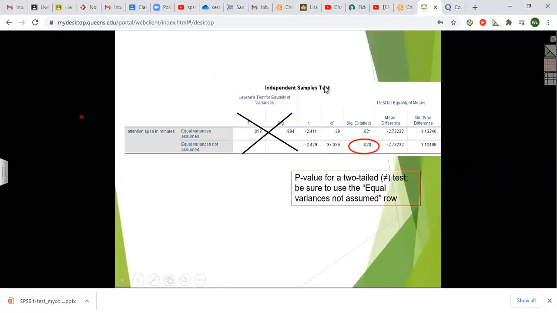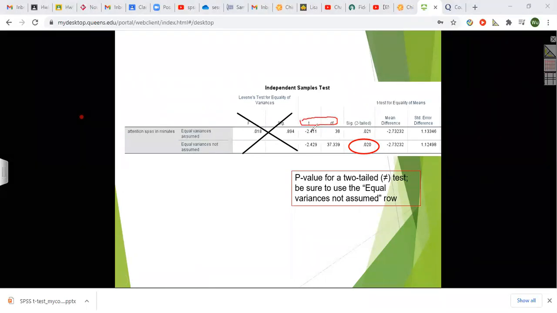Again, for the independent samples t-test, if you look at this table, we should be focusing only on t and degrees of freedom, and you'll be looking at the row for not assuming equal variances for the male and female groups. Because we don't know the population standard deviation, we don't assume equal variance for those two groups.